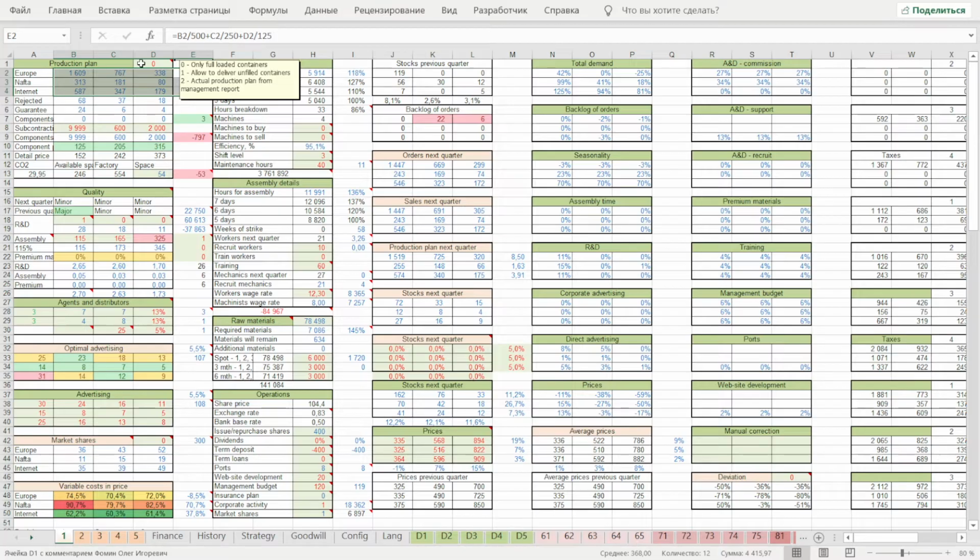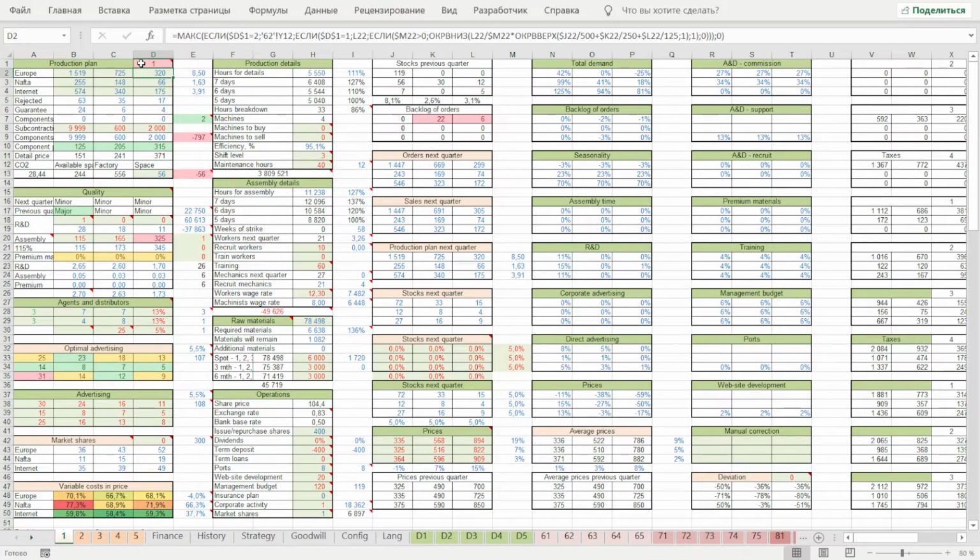It is used in the baseline decision preparation scenario. 1. The production plan is calculated without taking into account the maximum container load. It is used if it is required to deliver exactly a specified amount of products to the market, or when fine-tuning the volume of production when preparing a decision.